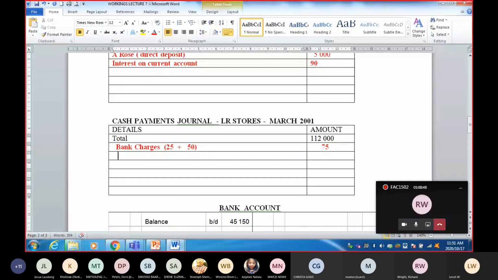There was also a debit order for the amount of 1,500. If you go to your additional information, it will tell you that the debit order for 1,500 on the 31st of March was in favor of MDL Insurance for the monthly insurance premium. So you are going to have insurance, and the insurance amount that you will reflect there is 1,500 rand.